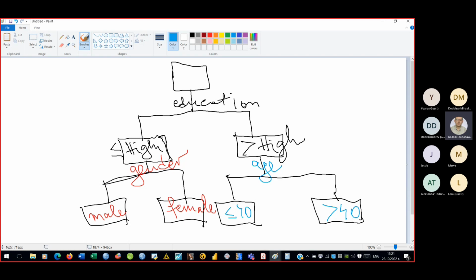That means that if there is a relation between a particular factor and the dependent variable, this factor remains in the model, remains in the tree. But if there is no relation between this particular factor and the dependent variable, then this factor is removed from the model, from the tree.